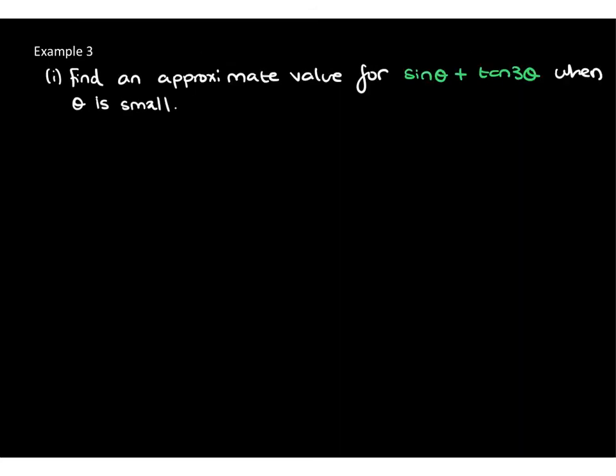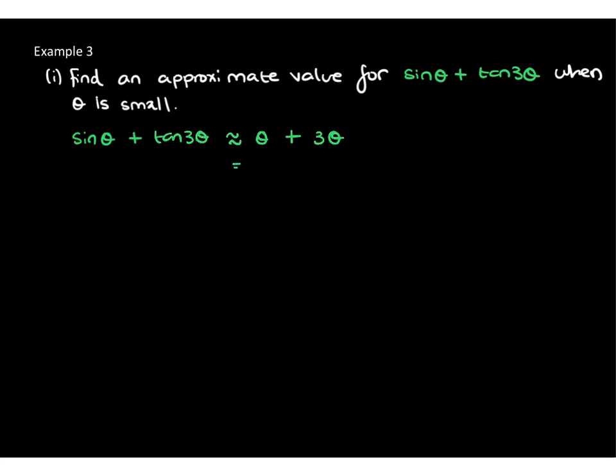So, example 3, part 1. Find an approximate value for sine theta plus tan 3 theta when theta is small. So let's take a look at this. Sine theta plus tan 3 theta. Now sine theta is approximately theta. Tan 3 theta will approximately be 3 theta.